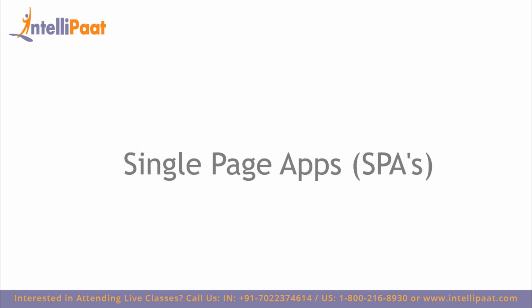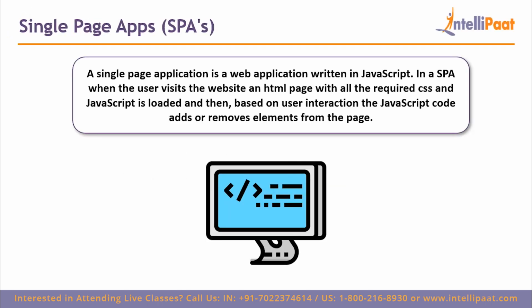So let's break down some of the terminologies associated with Angular. So what is a single page application, or SPA? A single page application is a web application that is written in JavaScript.